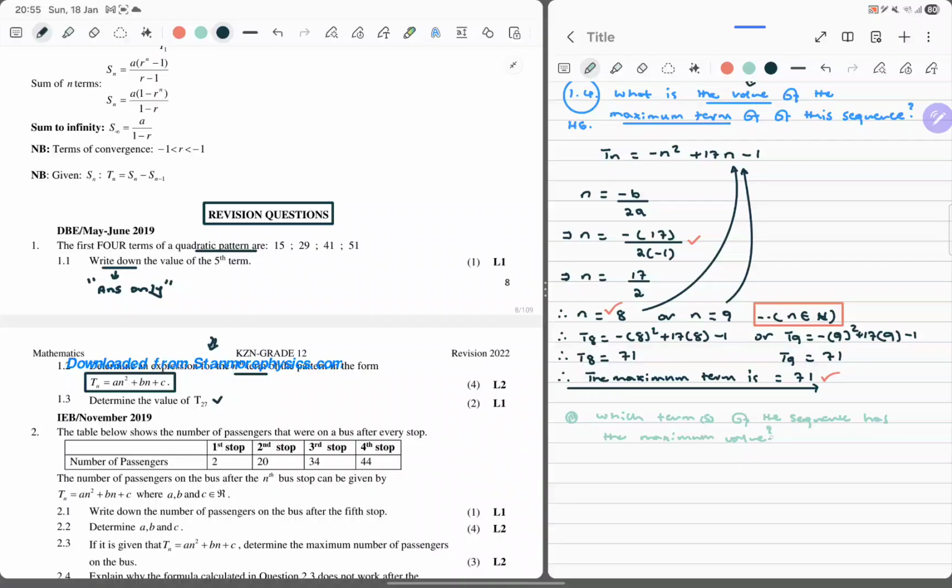Right. So which term or terms of the sequence has a maximum value?